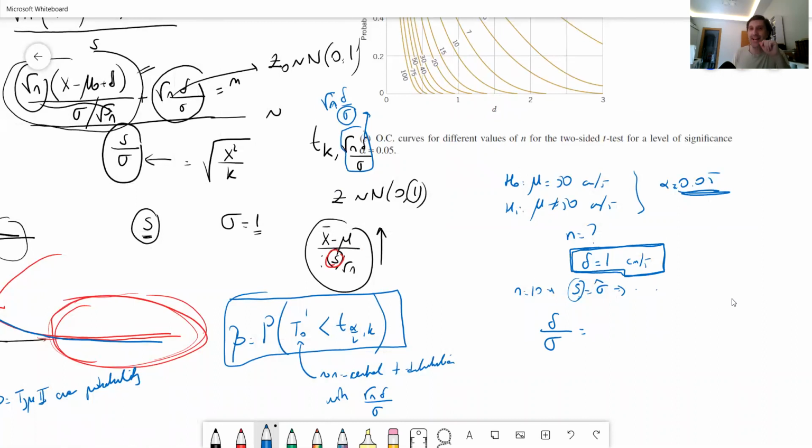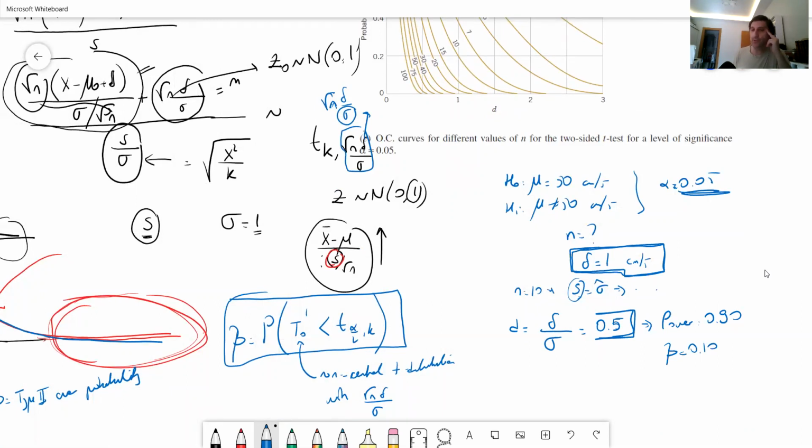We may say that this delta over sigma value, which is the effect size, we would like to detect, for instance, an effect size of 0.5. We would like to detect this with a power of 0.90. So in this case, we are going to allow for a type 2 error of 0.10.